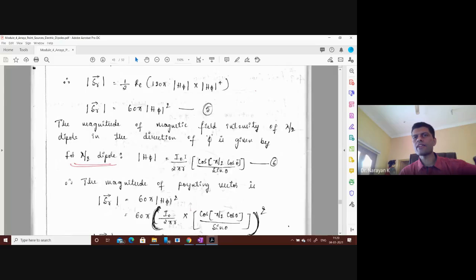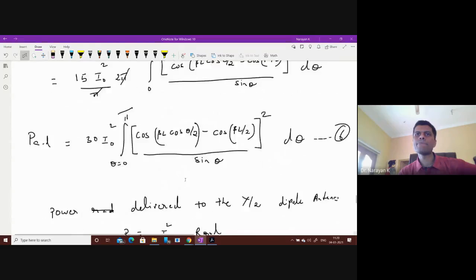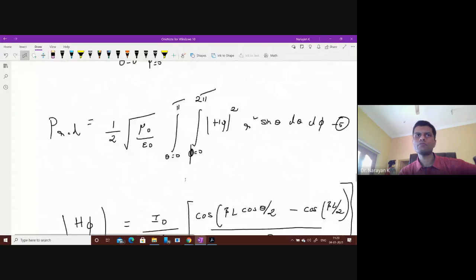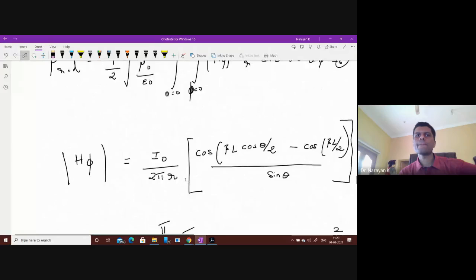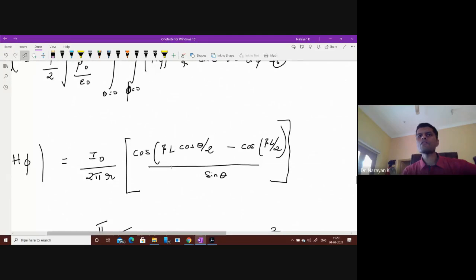H phi is just taken as I naught by 2 pi r into cos of pi by 2 cos theta by sin theta. See, what I have taken here is, where is my H phi? I naught by 2 pi r cos of beta L cos theta by 2 minus cos of beta L by 2. He has ignored this term minus cos of beta L by 2.